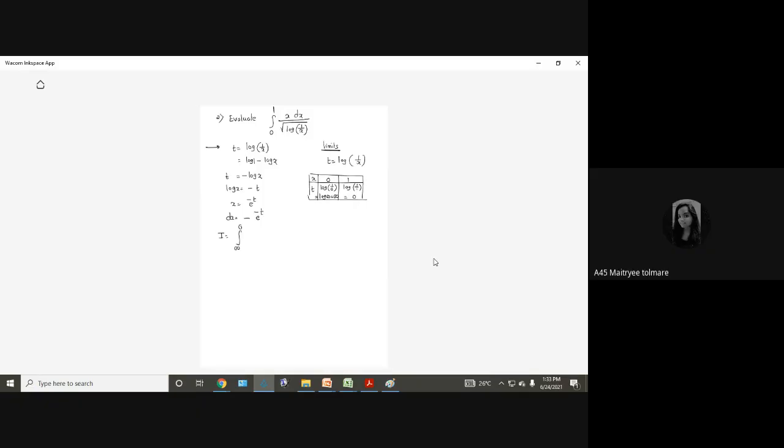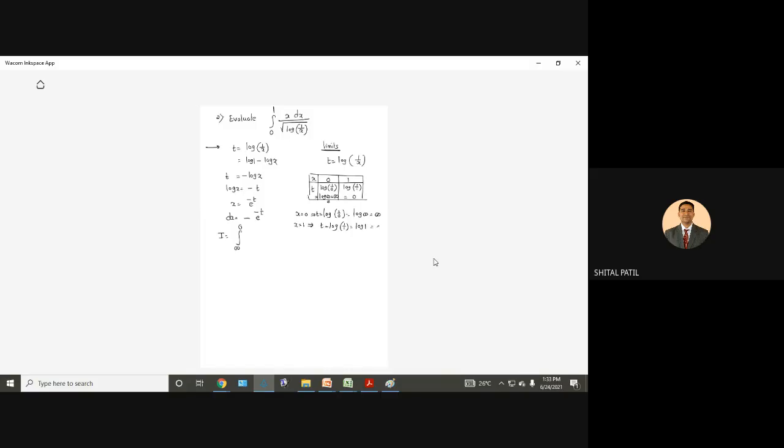सर्व लिमिट्स दिख नहीं रहे सर क्लियरली. Okay, let it be here. X equal to 0 means t equal to log of 1 upon 0, log of infinity. And what is log of infinity? Infinity. X equal to 1 means t equal to log of 1 upon 1, so log of 1.